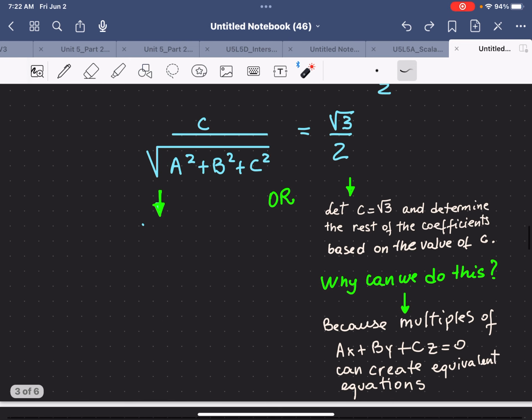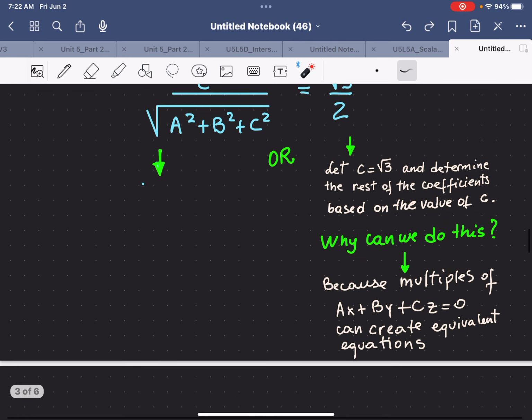Now, if c equals root of 3, we can determine the rest of the coefficients based on it. And again, I'm repeating my explanations from before, we can do this because the multiples of ax plus by plus cz equals 0 can create equivalent equations, actually an infinite number of equivalent equations, okay? That's why we take this freedom.